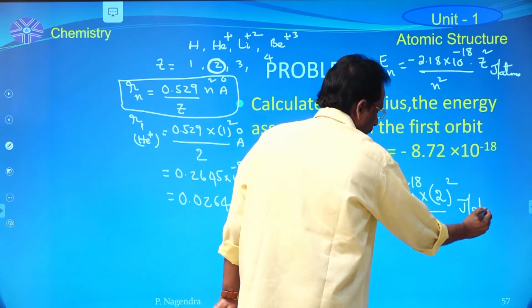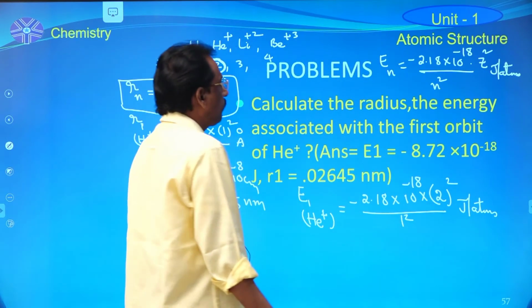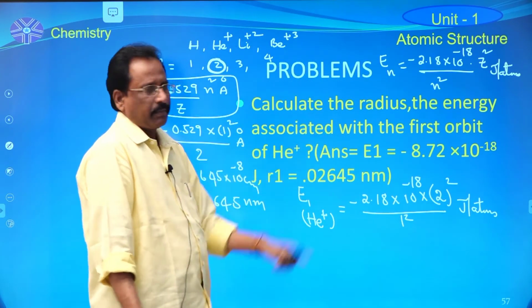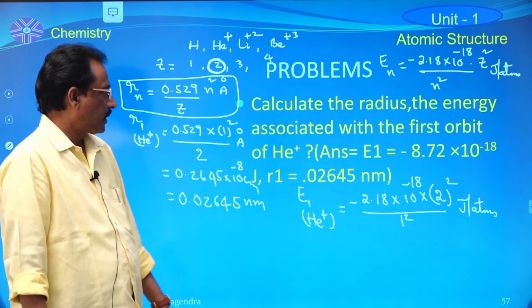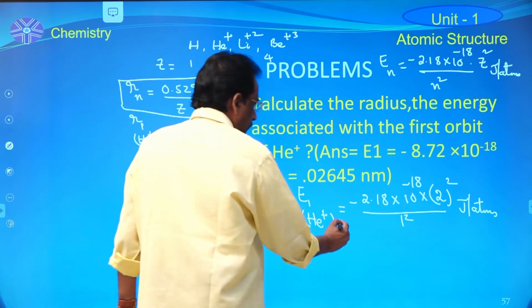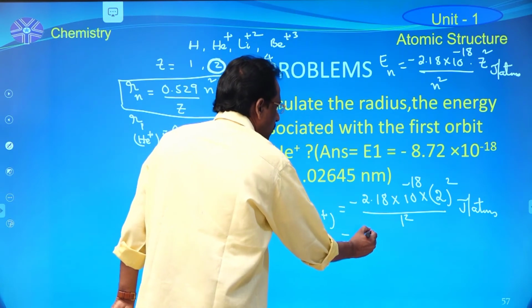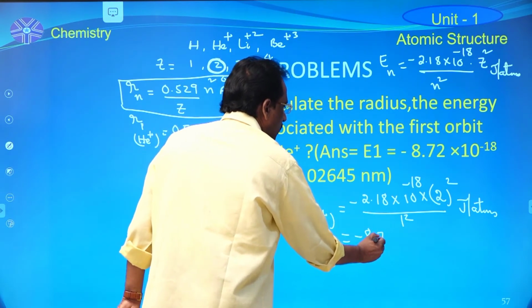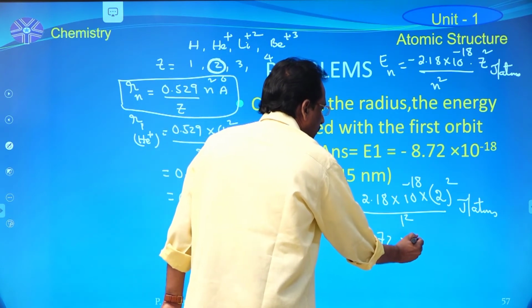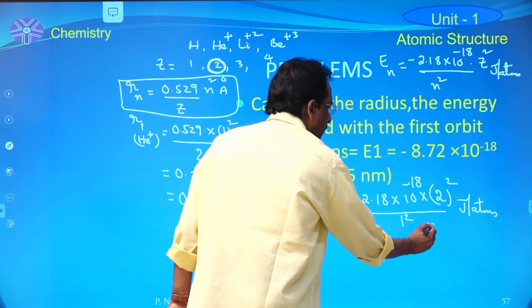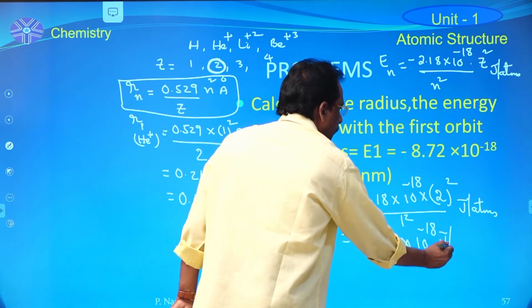Simply apply the formula. You should remember these two formulas compulsorily. So this is nothing but minus 8.72 into 10 power minus 18 joule per atom.